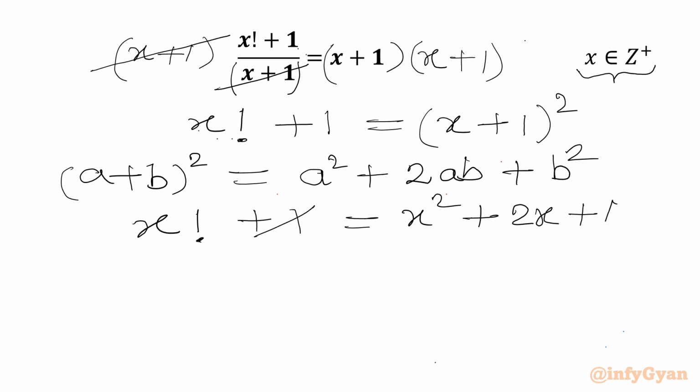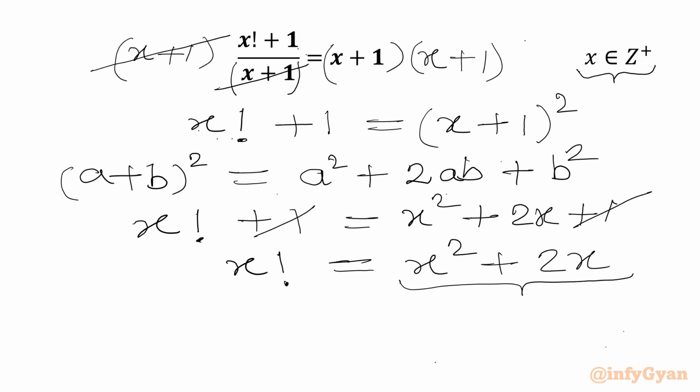Now plus 1 and plus 1 will be gone from both sides. So we can write x factorial equal to x square plus 2 times x. Now x is common on the RHS, so I can write x factorial will be equal to x times (x plus 2).